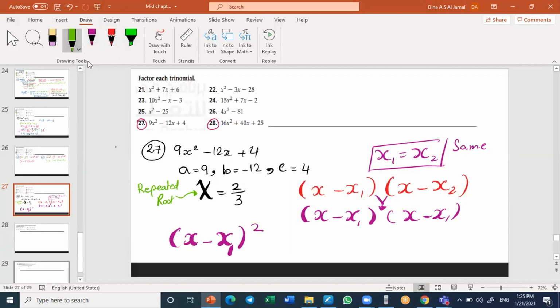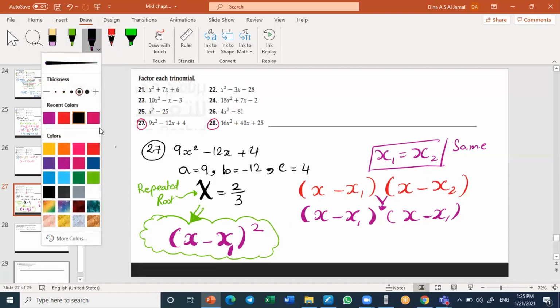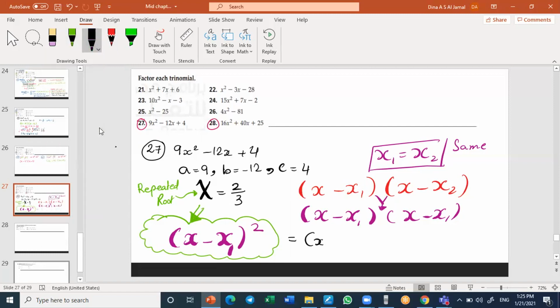Keep this in mind whenever you are having a perfect trinomial. Whenever you are getting only one root, it is a repeated root, and this is the general form to write it. So let's substitute: x minus 2 over 3 all squared.